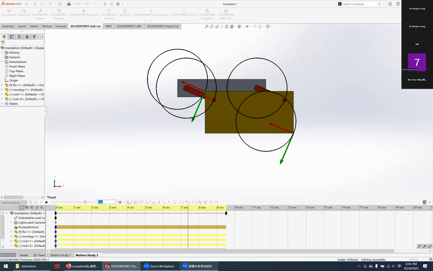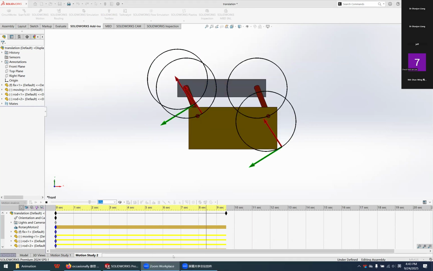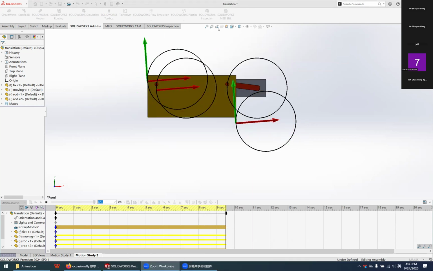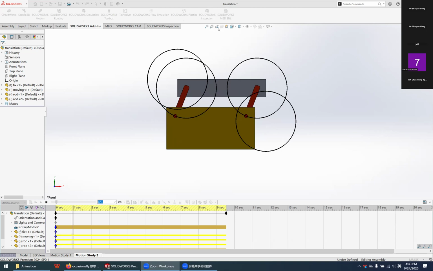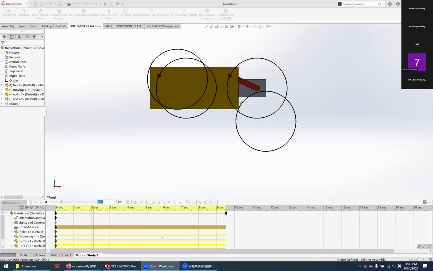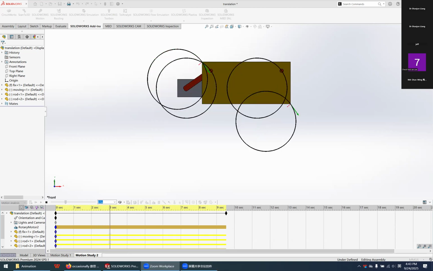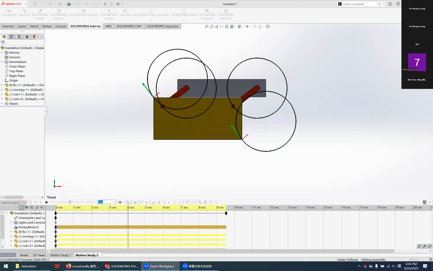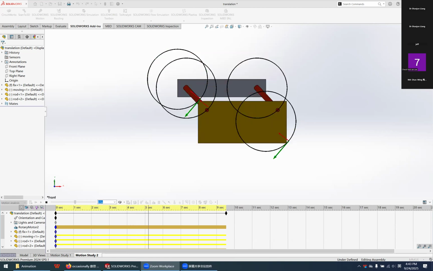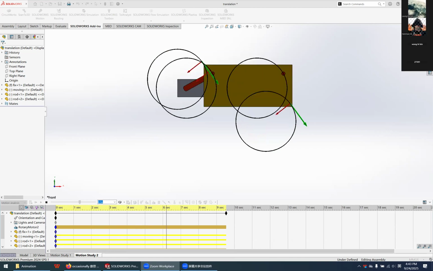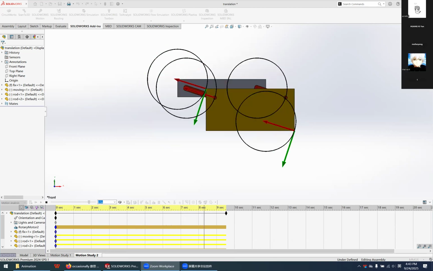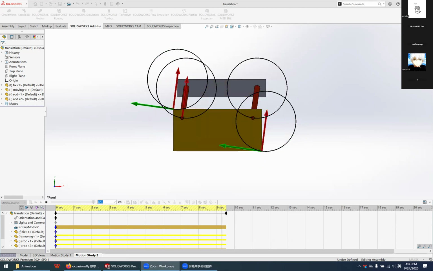Can you get it? Do you know what I'm saying? You should know every point here shares the same path.